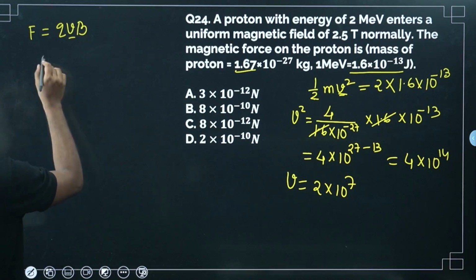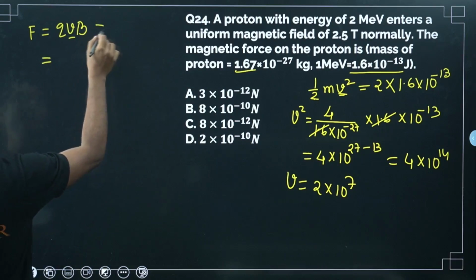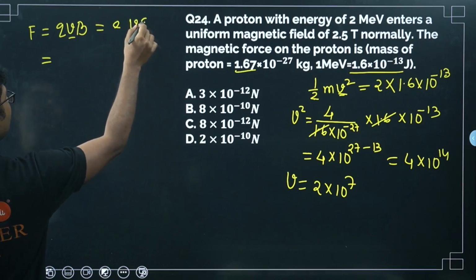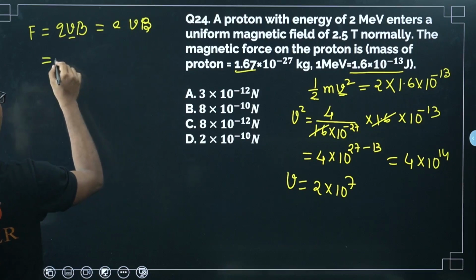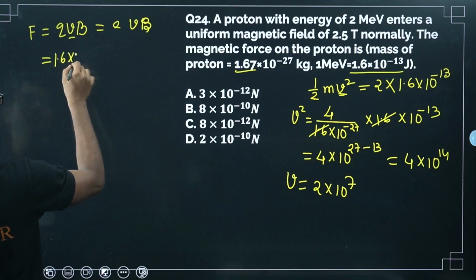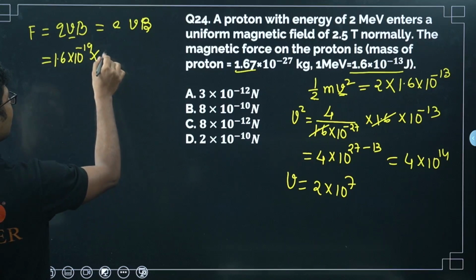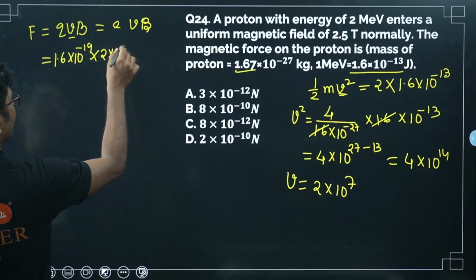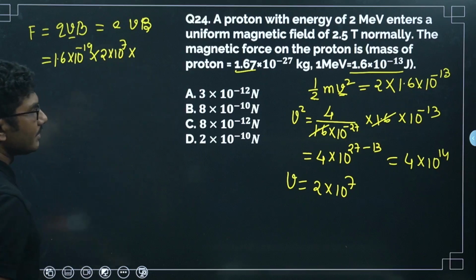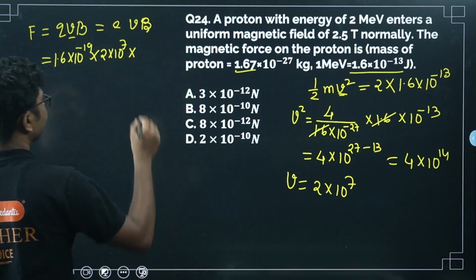Now you put the value here. Instead of Q it will be EvB. So E is 1.6 times 10 to the power of minus 19, v is 2 times 10 to the power of 7 and B is given as 2.5.